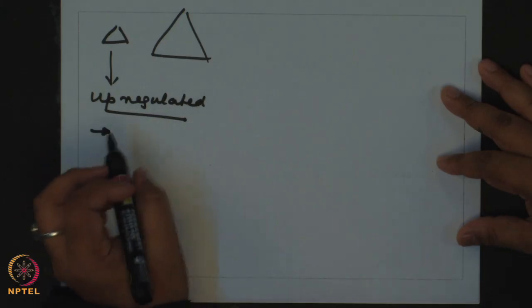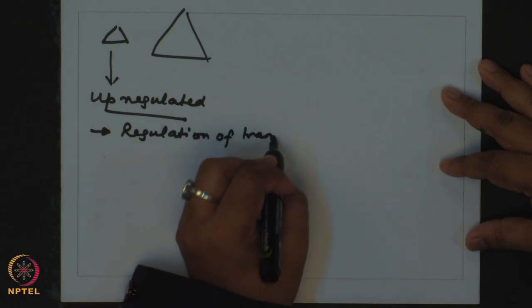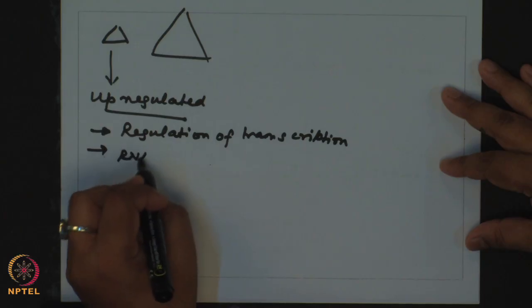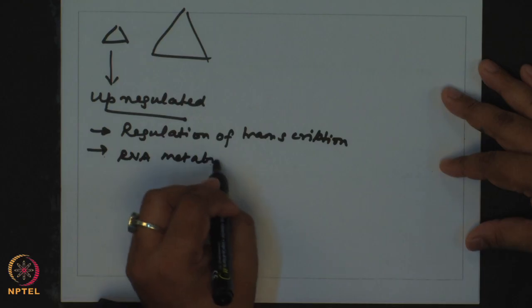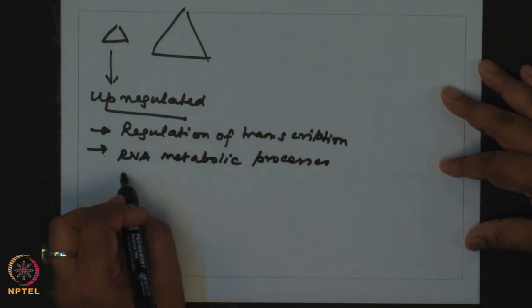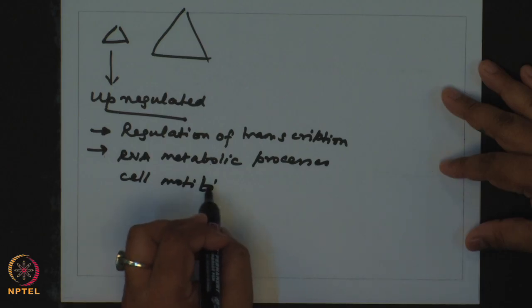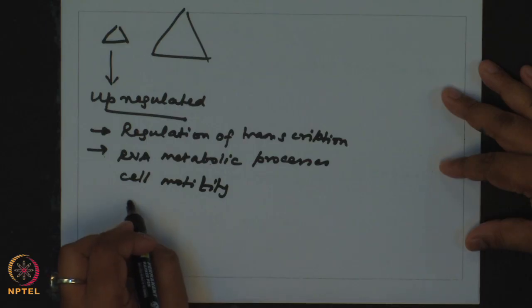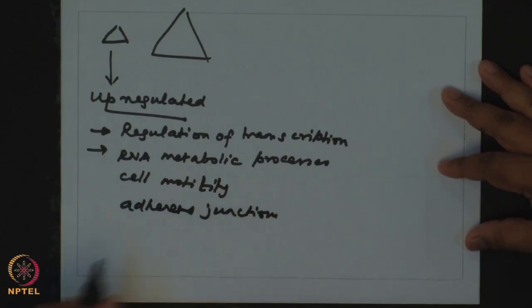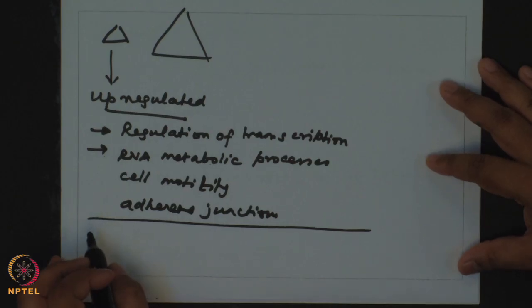These include regulation of transcription, RNA metabolic processes, cell motility, and adherens junctions.